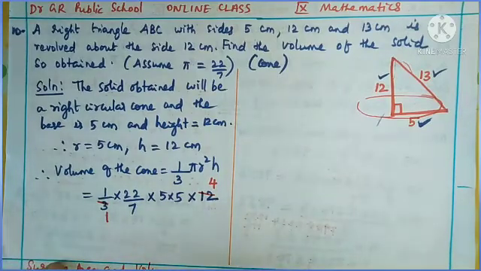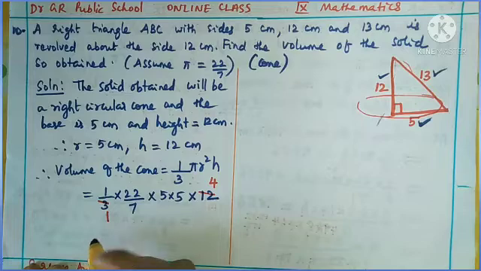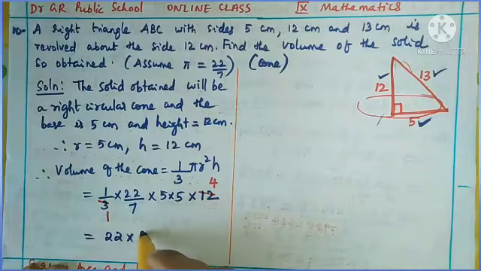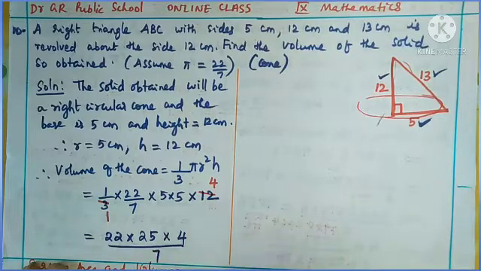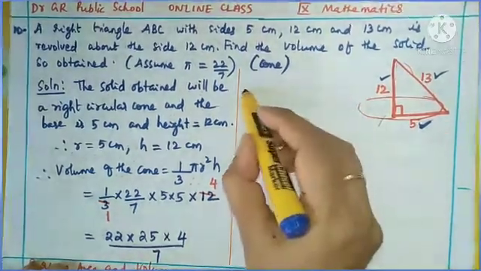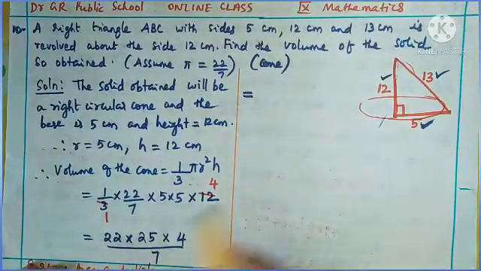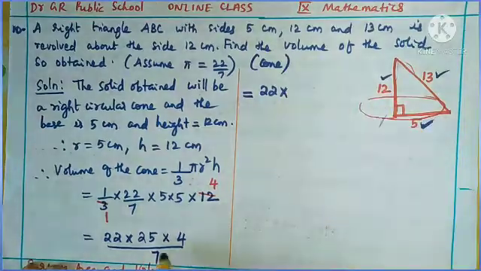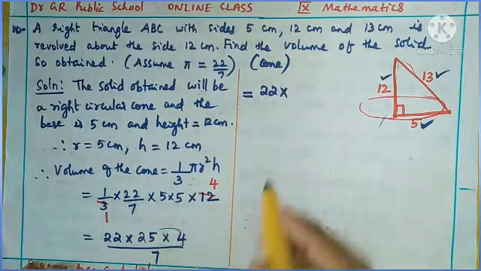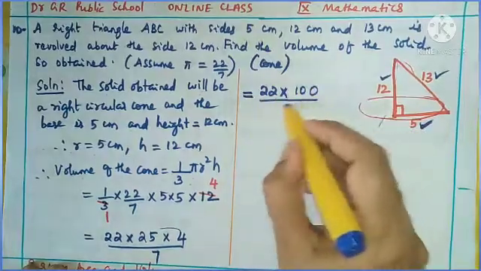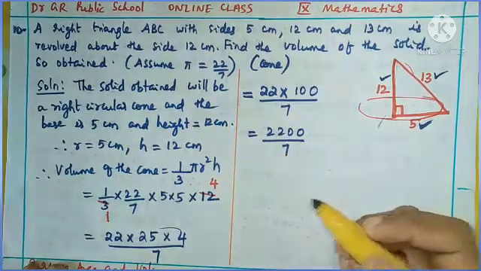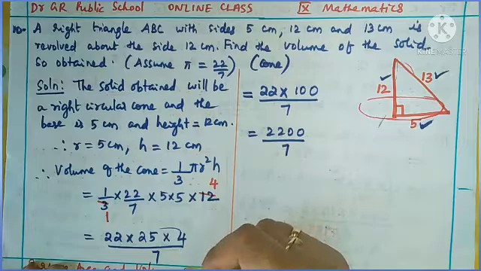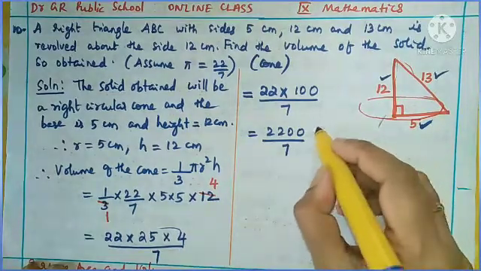So write all the remaining terms: 22 into 5 into 5 into 4 by 7. 25 into 4 is 100, so 22 into 100 by 7, which is 2200 by 7. The unit is centimeter cube.